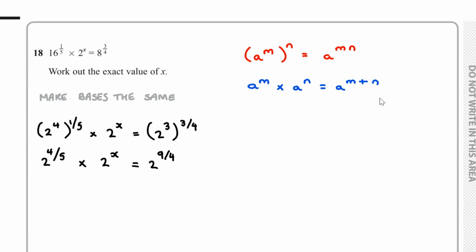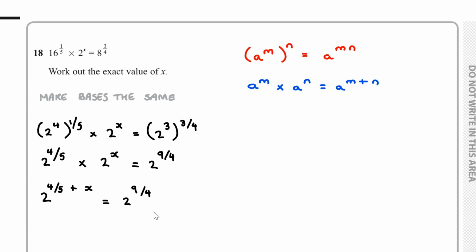So we need to add the powers when we have the same base and we're multiplying. So here on the left hand side, we need to add the powers. We of course have 2 to the power of 4/5 plus x equals 2 to the power of 9/4.